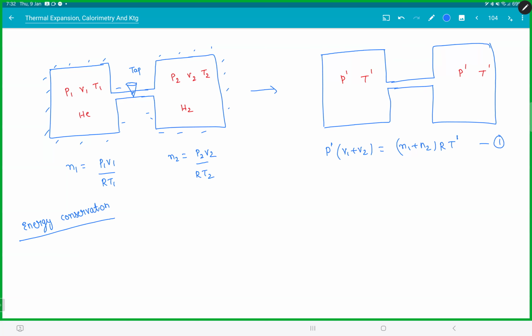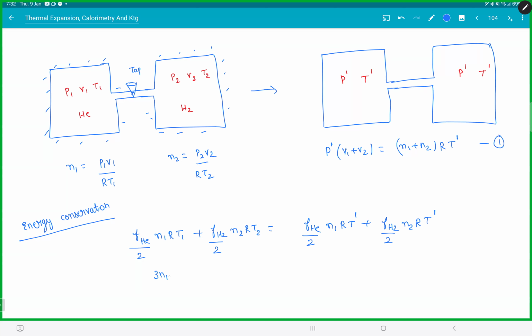So energy conservation. So what is your initial energy? F helium by 2 N1 R T1 plus F hydrogen by 2 N2 R T2. So this is the energy of the gas. This is F helium by 2 N1 R T dash plus F hydrogen by 2 N2 R T dash. Substitute the values. 2 will go off, R goes off.